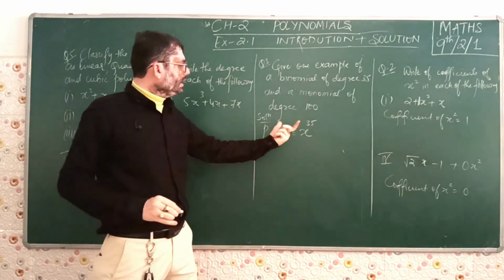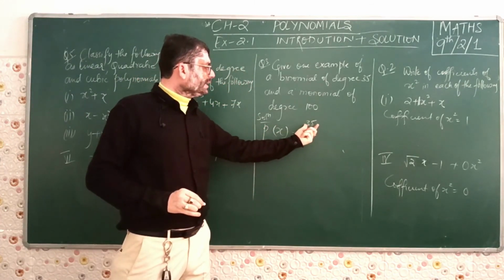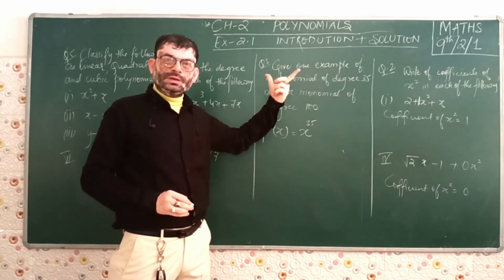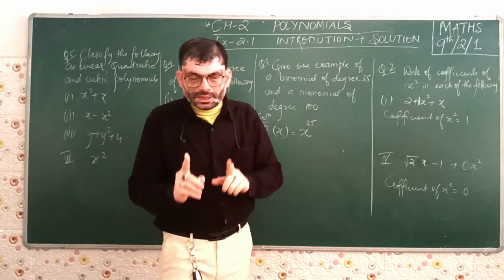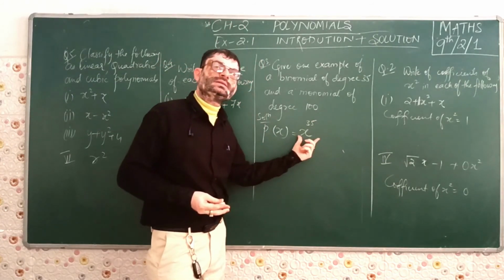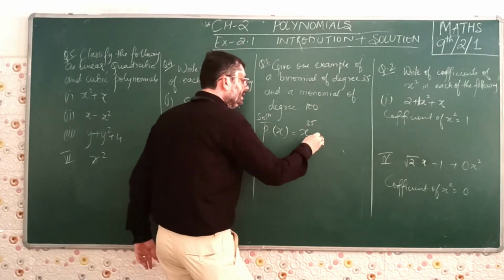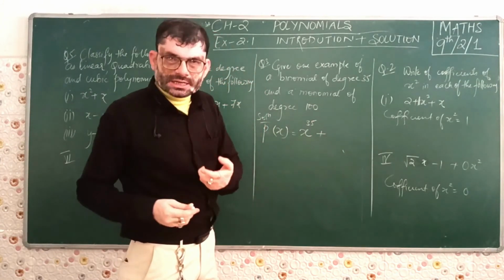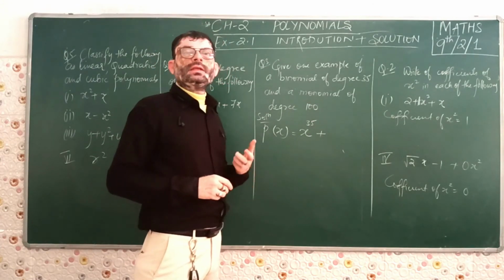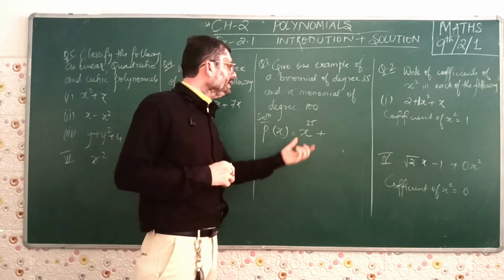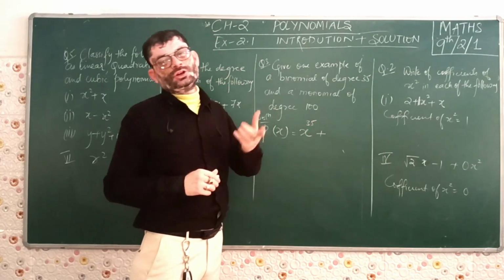Now we have got a polynomial with degree 35. But what we need is a binomial. Binomial means the number of terms should be 2. But here the number of terms is 1. So we can introduce any term that we want. It can be a constant term or it can be a variable with degree less than 35.